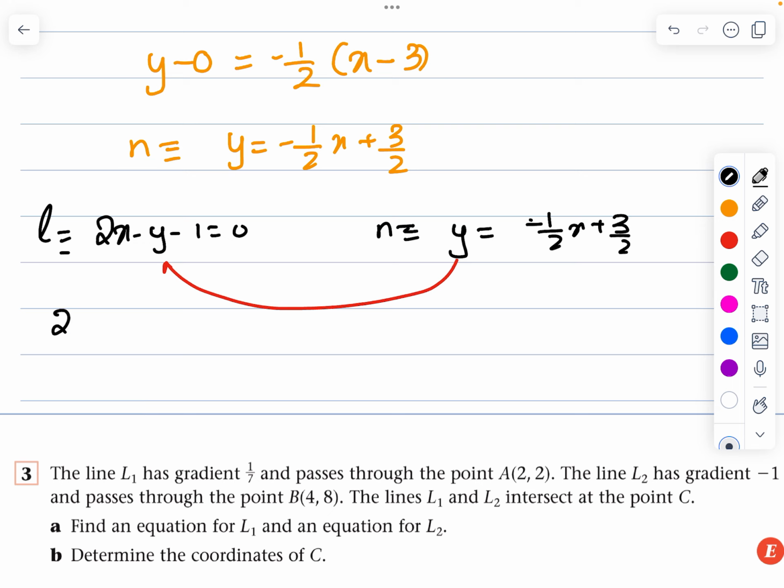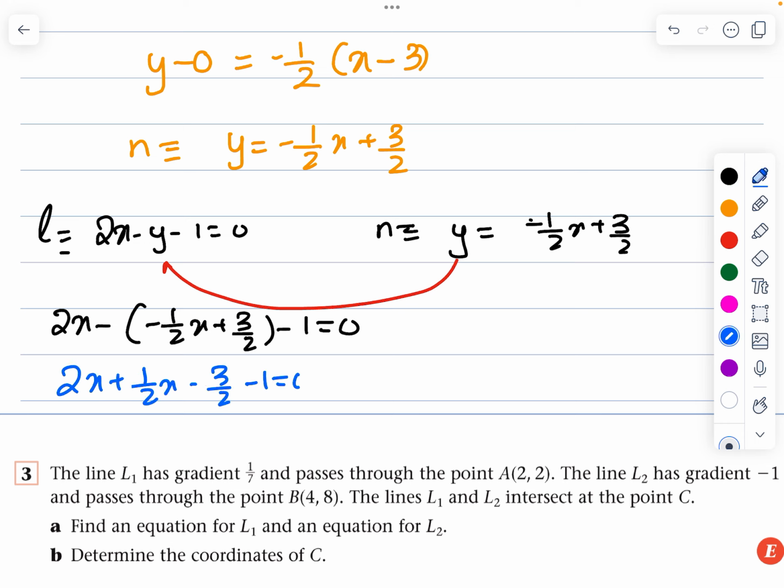So it becomes 2x minus (minus half x plus 3 upon 2) minus 1 equals 0. So it becomes 2x plus half x minus 3 upon 2 minus 1 equals 0. So 5 upon 2 x minus 5 upon 2 equals 0. 5 upon 2 x equals 5 upon 2. The 5 upon 2 cancels, x equals 1.